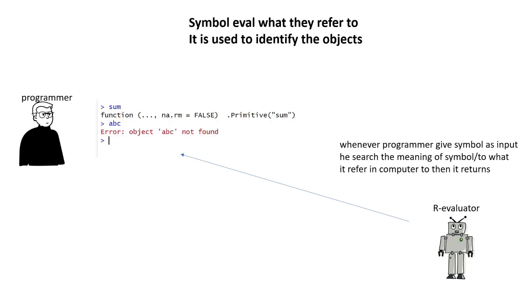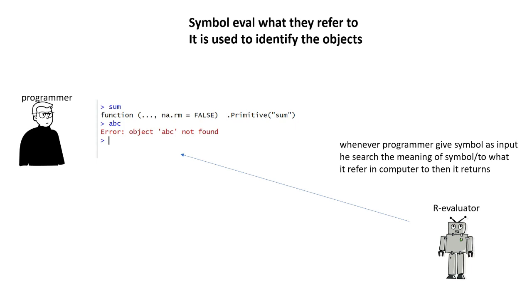Similarly, if it sees any symbol, then it searches for the meaning of the symbol in the environment, and whatever it refers to, it returns. Suppose I write the symbol sum, then it searches the meaning of the symbol and gets the function.